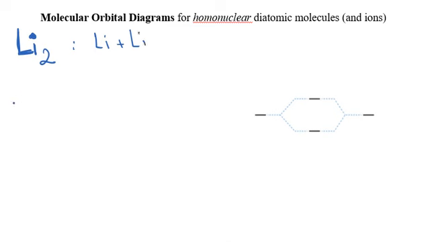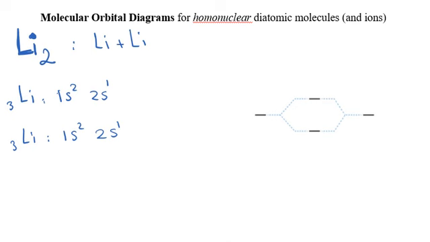Li2 is made of 2 Li with atomic number 3. So let me write 1s2, 2s1, 1s2, 2s1. In some textbooks, they consider everything from the beginning, but it's not necessary because this theory comes after VSEPR and VB theories.